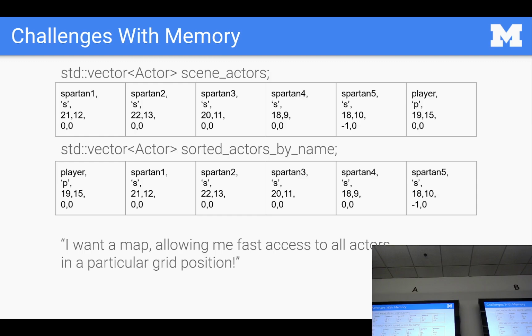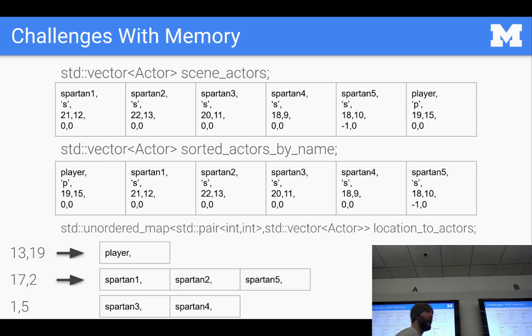How can we do that? Well, we could create a map, maybe a std unordered map, for nice O(1) constant time lookup performance, with a key of std pair to that std vector, and there we go.